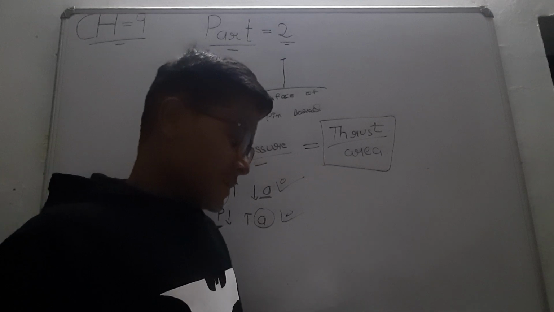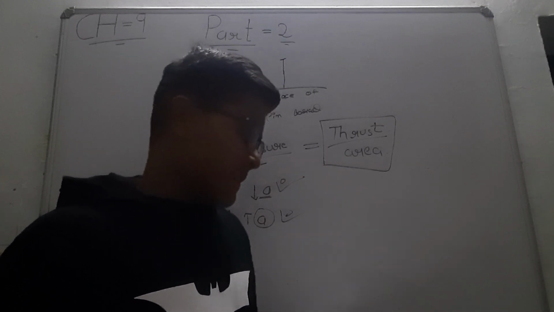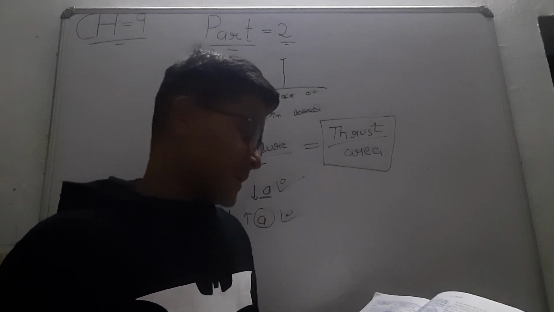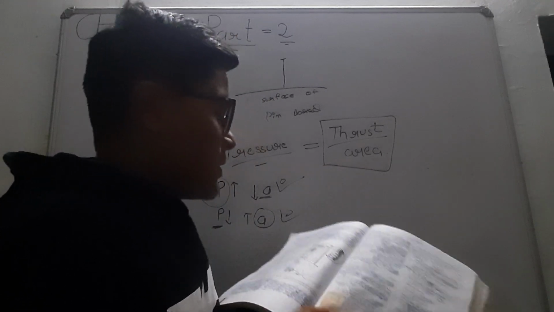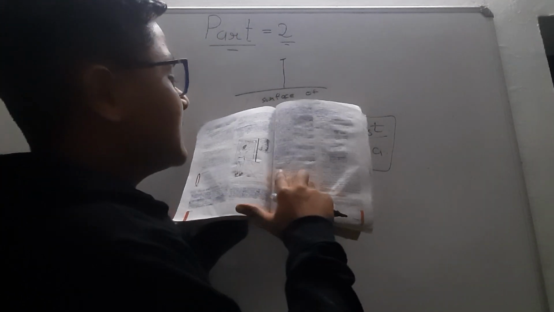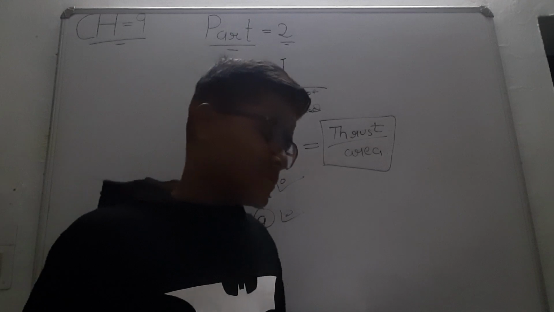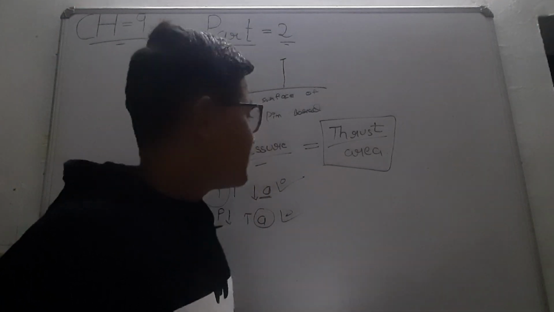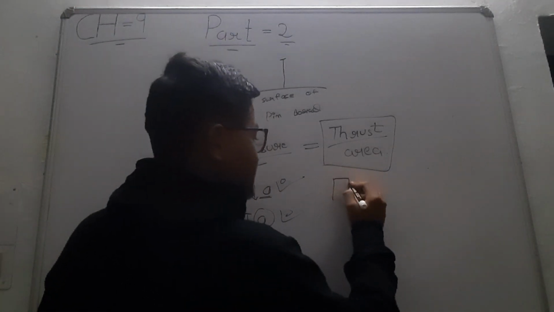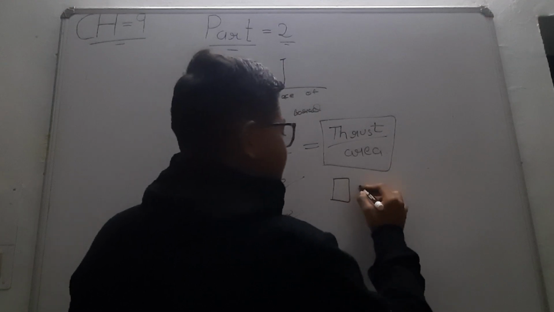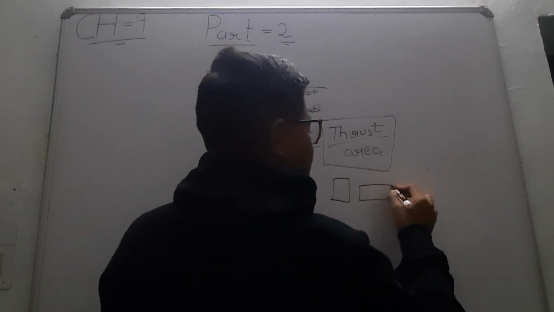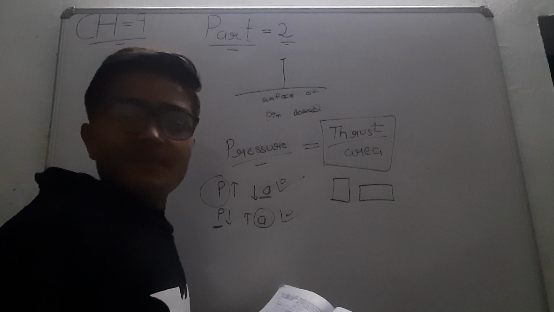Here an example is given, Example 9.6, in which they have taken two boxes. One is put perpendicularly, and the second is put flat.